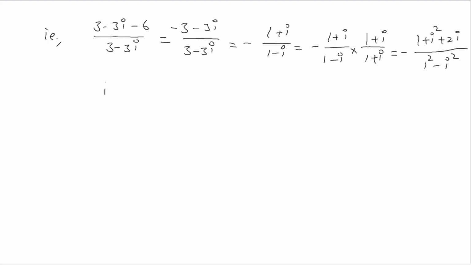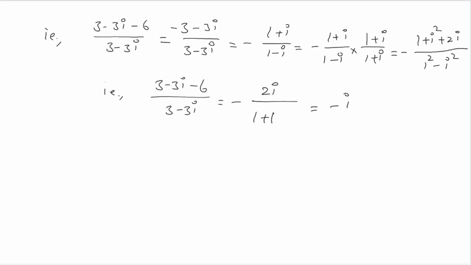So that is, T of 3 minus 3i, which is (3 minus 3i minus 6) divided by (3 minus 3i), is minus 2i divided by 1 minus i square, where i square is nothing but minus 1. So we get this as 1, so this is nothing but minus i.